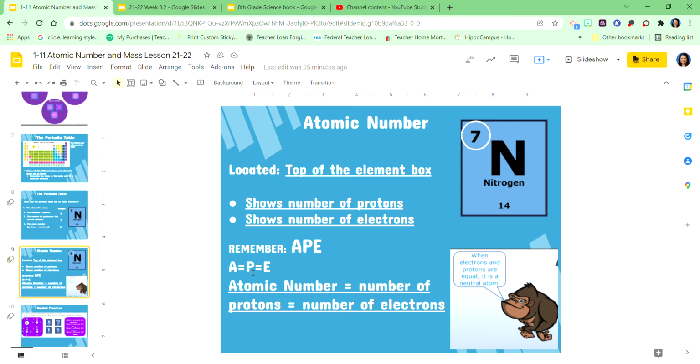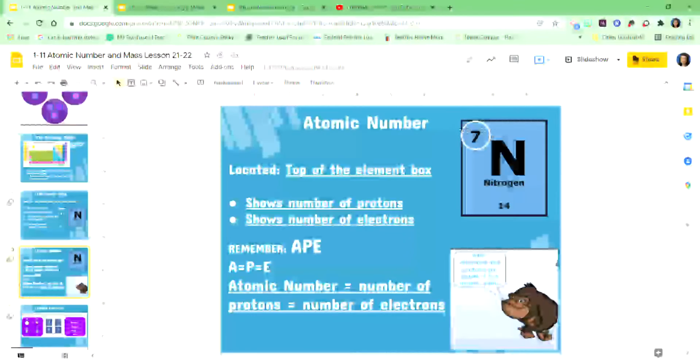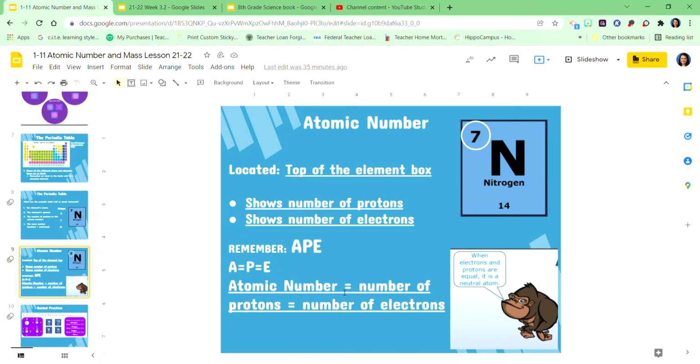A equals P equals E. So the atomic number at the top is equal to, or the same as, the number of protons in that element, as well as the number of electrons in that element. So for nitrogen, the atomic number is 7. We have 7 positively charged particles and 7 negatively charged particles.